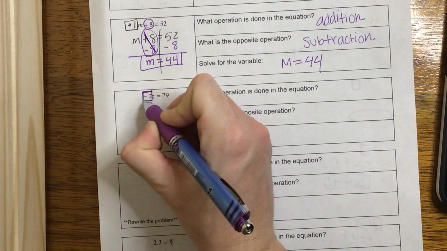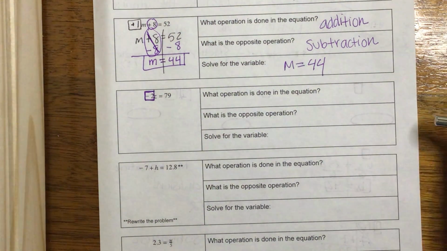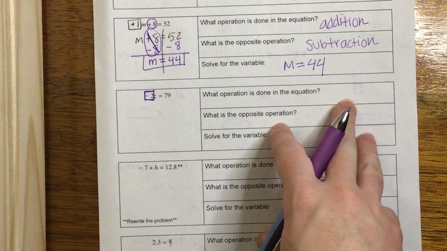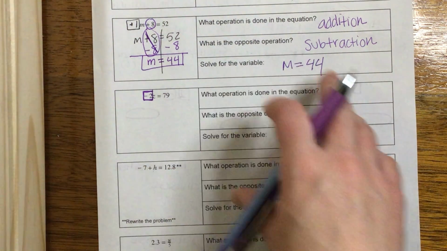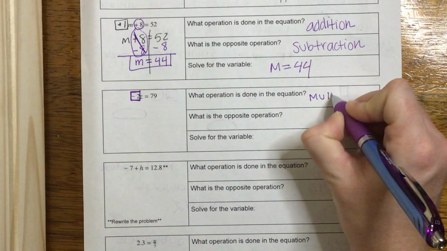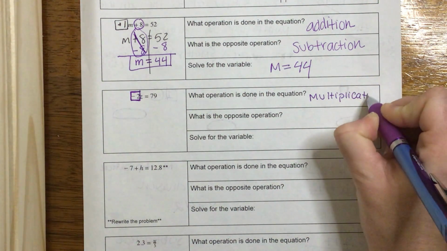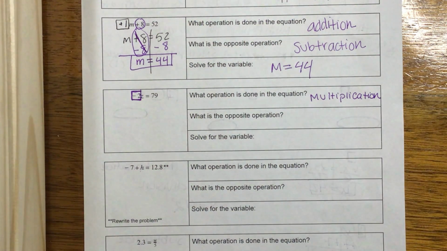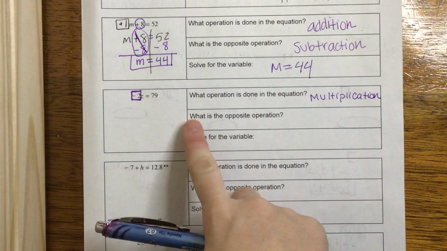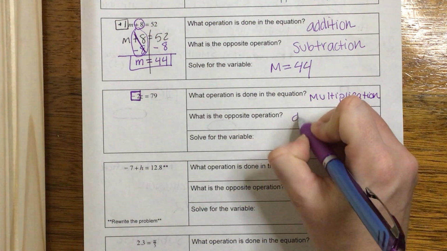We box our coefficient. Negative 2z means negative 2 times z. So we're multiplying. The opposite operation of multiplication is division.